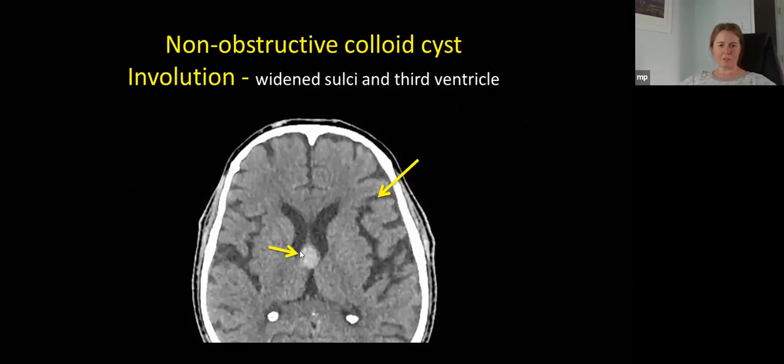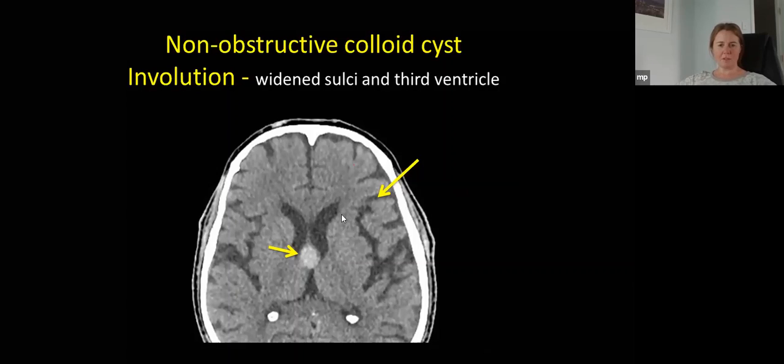So we've got a colloid cyst, again, foramen of Monro, but in this patient, the third ventricle looks pretty proportionate to the lateral ventricles, and the sulci are quite dilated. So there's nothing really out of proportion about the lateral ventricles here. And there's no periventricular low density.